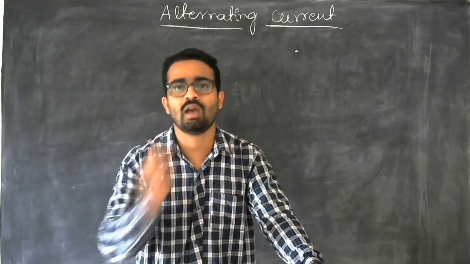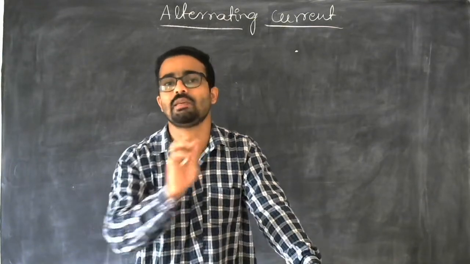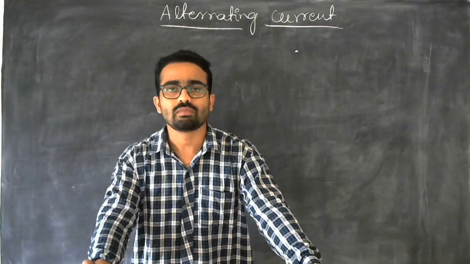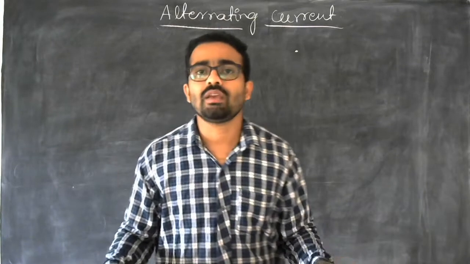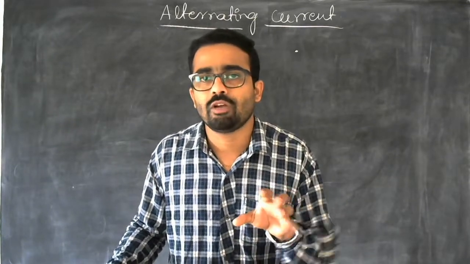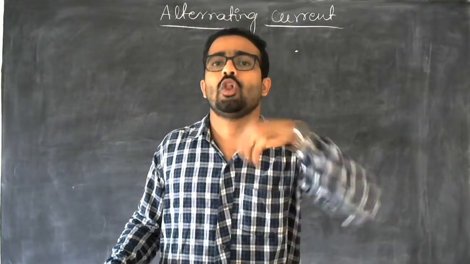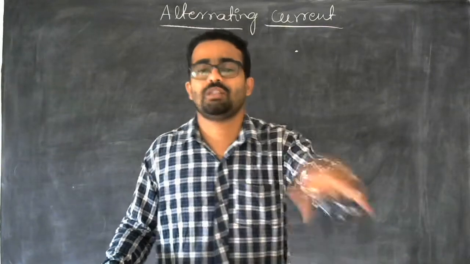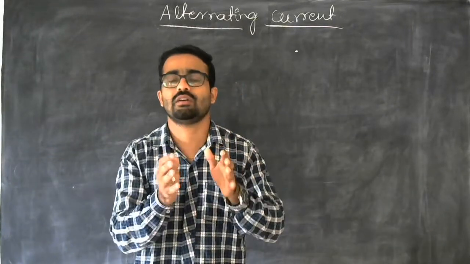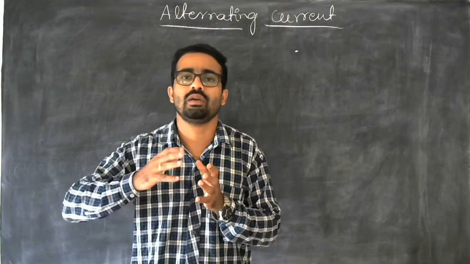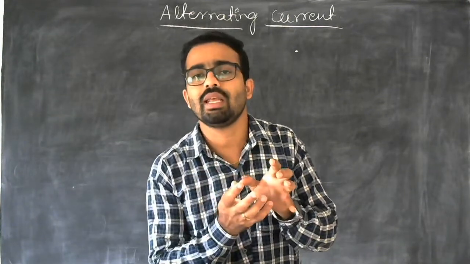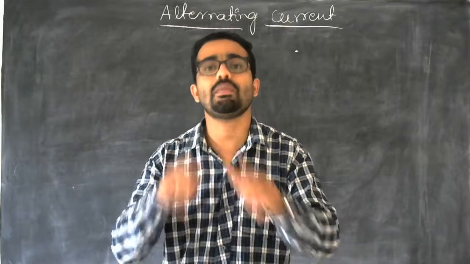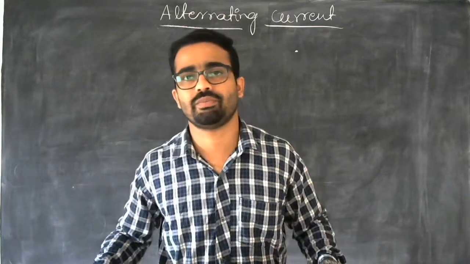So this is one disadvantage of DC. And DC cannot be converted into low or high values of that particular energy. You cannot produce a very high energy, or a very low energy. But it is possible with alternating current.